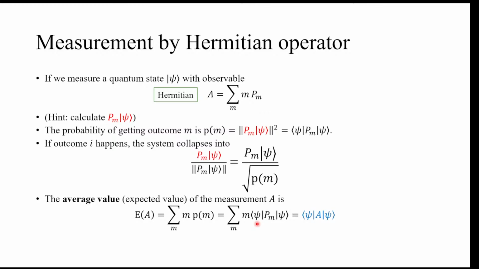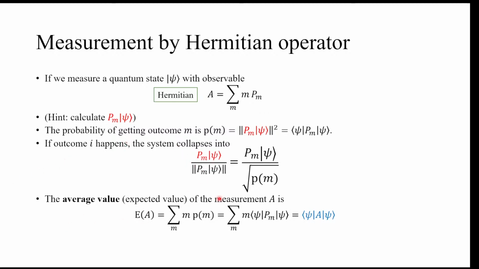And how you calculate the post-measurement state and the probability is basically you want to calculate Pm of psi for the different eigenvalues m. So the probability of getting outcome m is the norm of Pm psi absolute value squared, which will also equal psi sandwiching Pm.